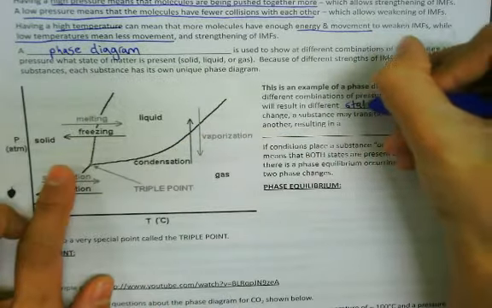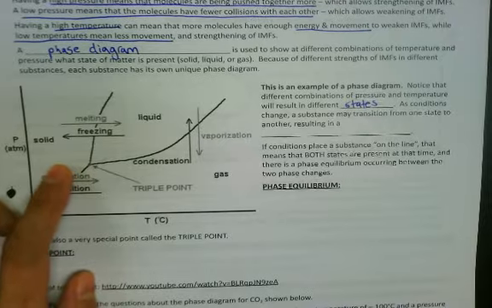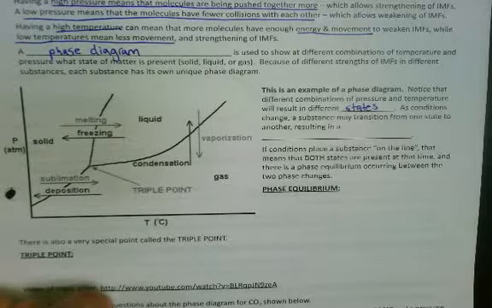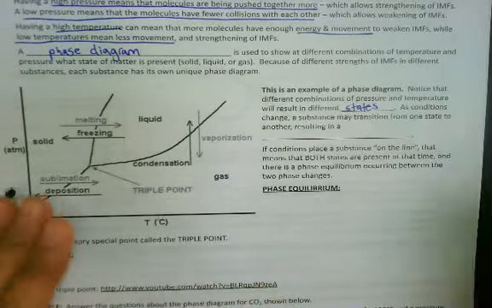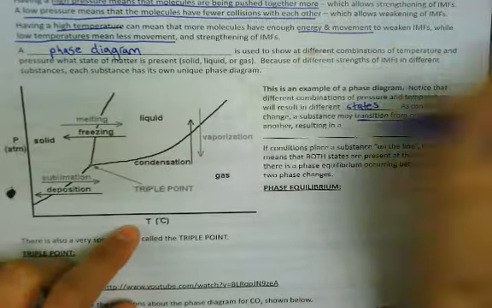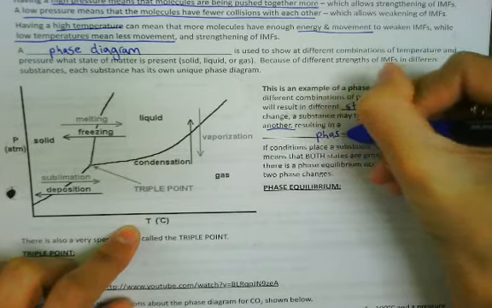Those different combinations of temperature and pressure, we say, result in different states or phases of matter. As conditions change, as temperature or pressure changes, a substance may transition from one state to another, resulting in a phase change.